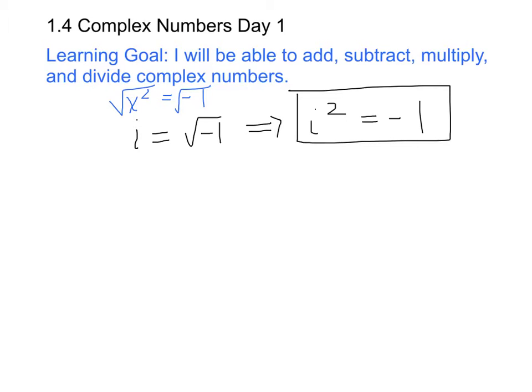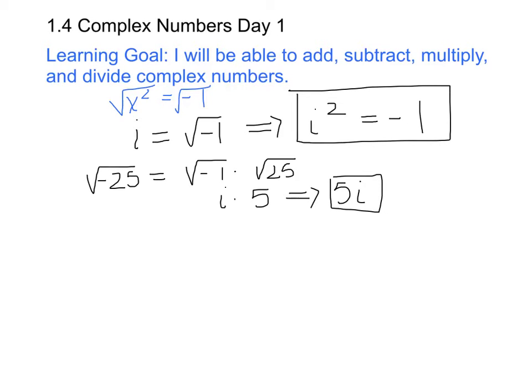And so when you're simplifying, for example, if you had the square root of -25, that would be the square root of -1 times the square root of 25, which will give you i times 5, which is 5i.